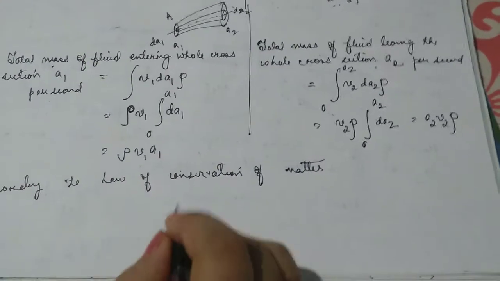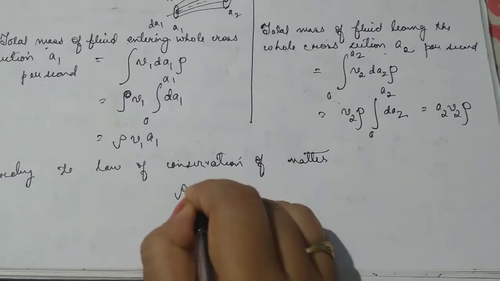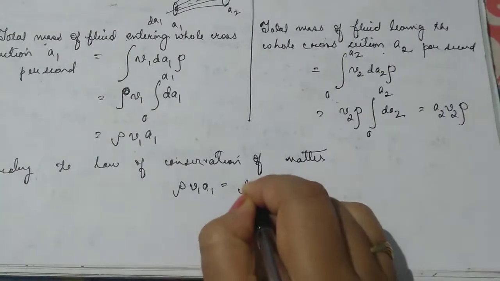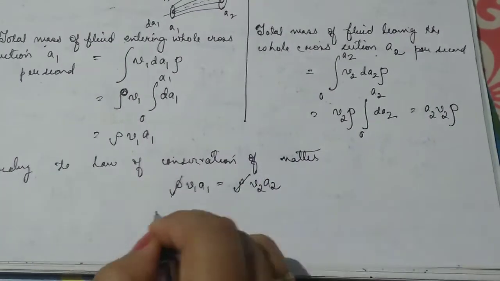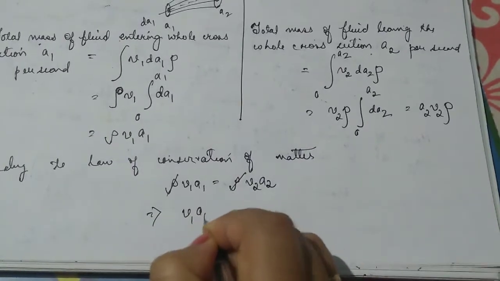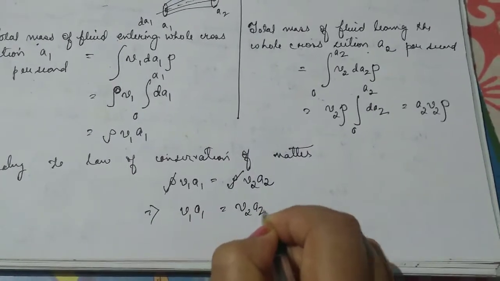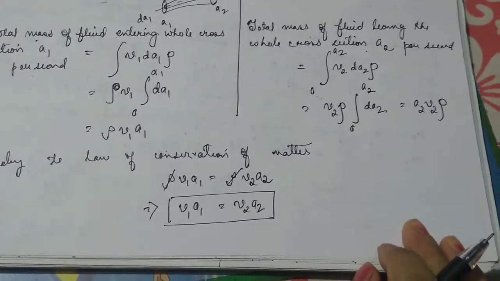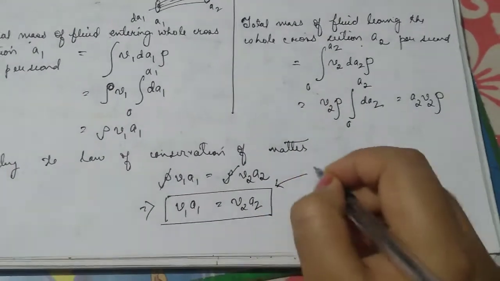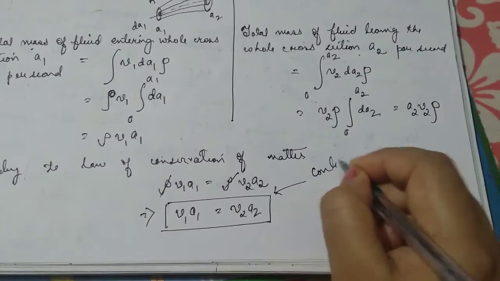So the statement is rho V1 A1 is equal to rho V2 A2. Rho gets cancelled, and what remains is V1 A1 equal to V2 A2. That is the statement of the continuity equation.